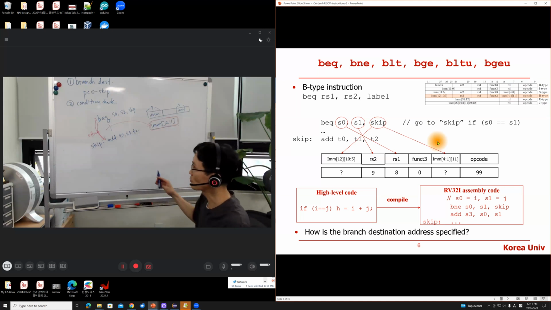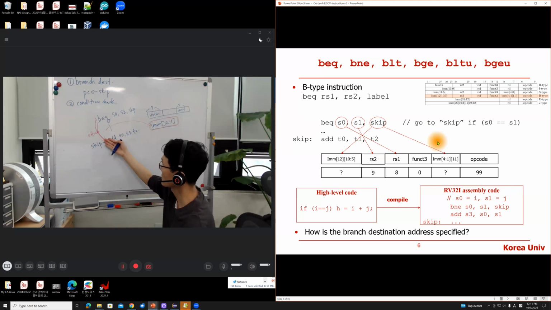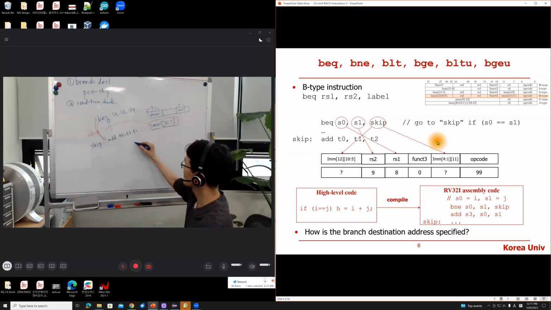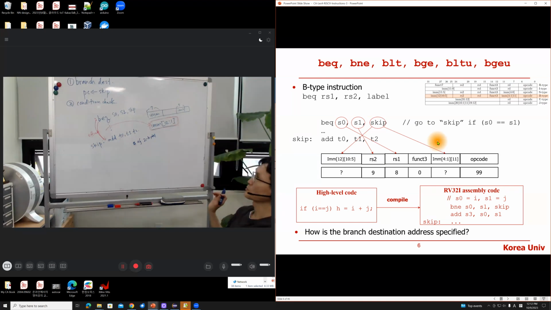If you say offset, how far from the current location to the destination, it is not the number of bytes that is encoded in the offset. The information encoded here is the number of 2 bytes. Number of 2 bytes information is encoded here, immediate 12 to 0.